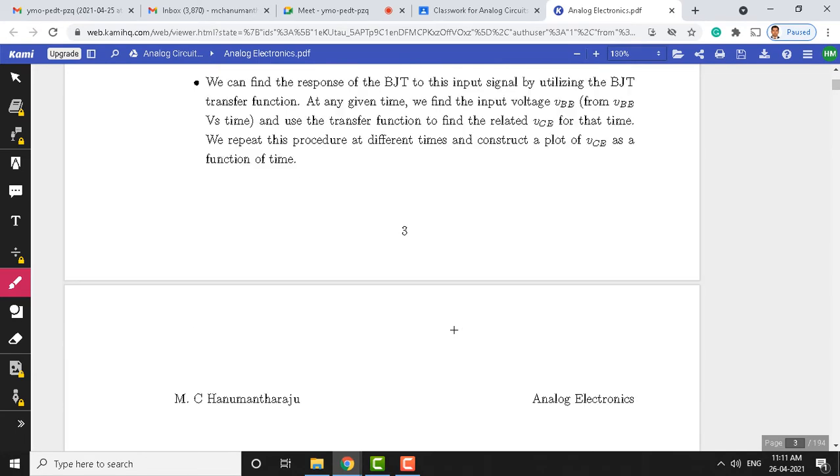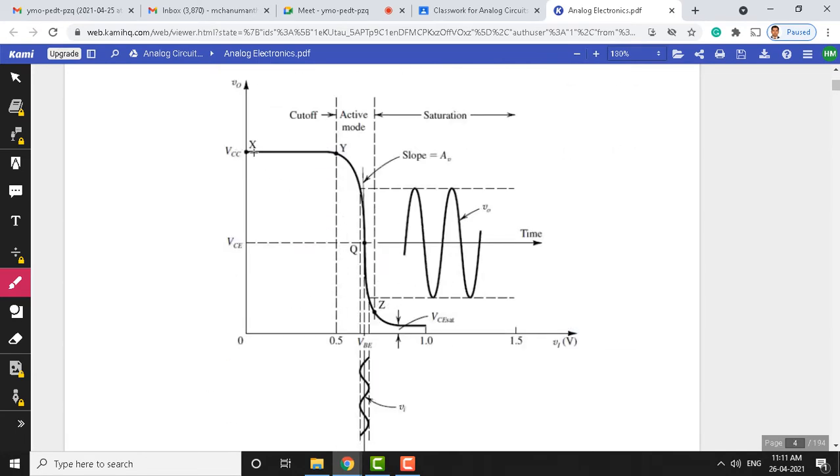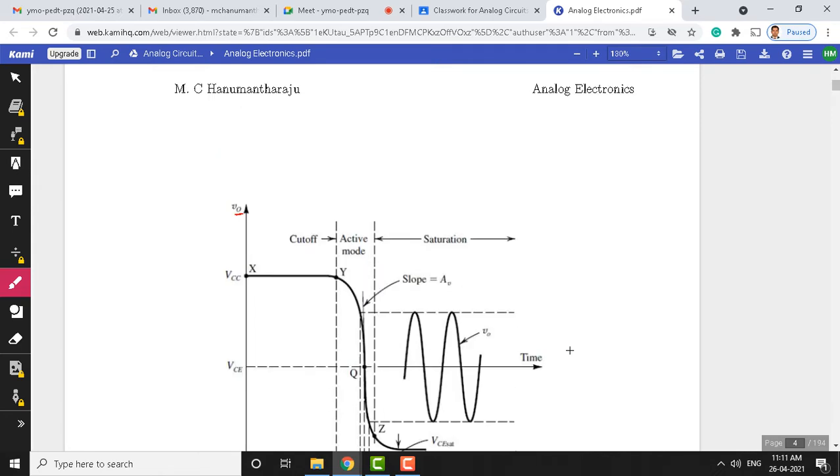And later we explained the transfer characteristics of this device. This is the transfer characteristics of the circuit we have shown. If you observe this transfer characteristics, that is a graph of Vo versus Vi for this circuit.